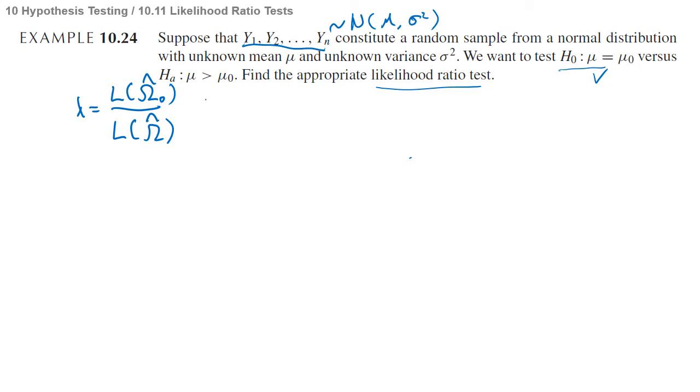And this is less than k, and this is our rejection region of the likelihood ratio test. And so we want to calculate these likelihoods.